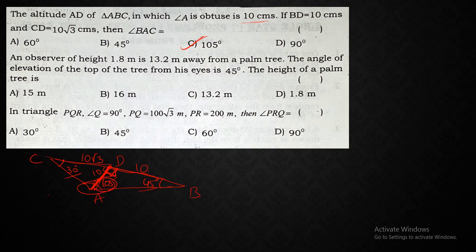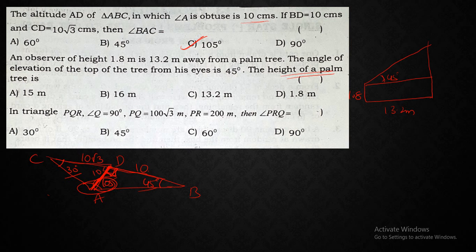So an observer of height 1.8 meters is 13.2 meters away from the palm tree. Now the height of the person is 1.8 meters and he is 13.2 meters away from a palm tree. So clearly, what is the angle that is being made? 45 degrees. Now what is he asking? The height of the palm tree.